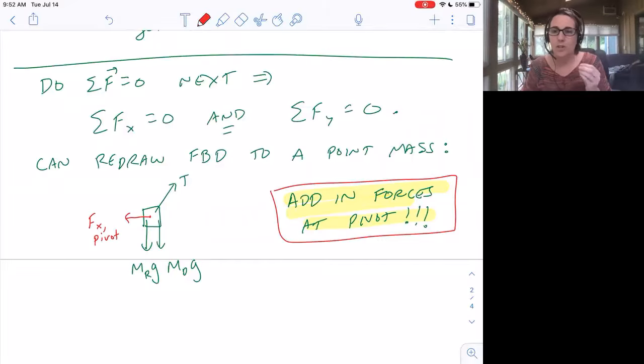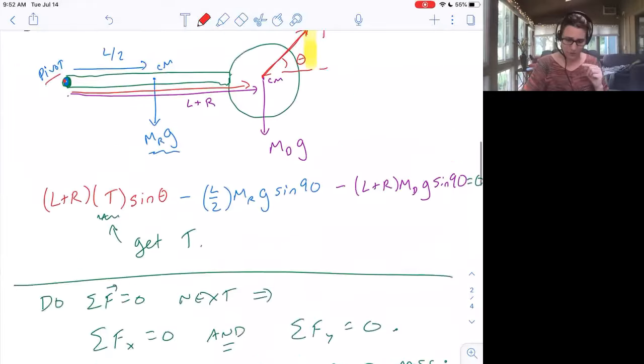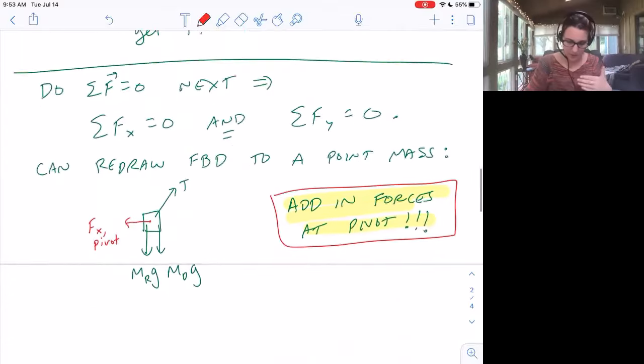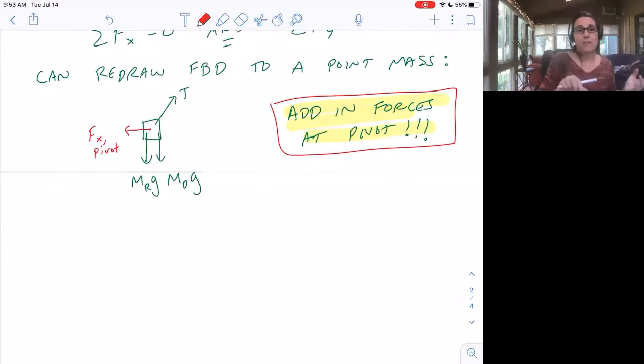The other thing that you can do is conceptualize to get a feel for that. Imagine you're the pivot. If you are literally holding onto this rod that's being pulled, you'd be pulling back on it, right? So you could imagine these pivot forces pretty well by actually holding on, or imagining that you're holding on, at that pivot point. You would then be able to conceptualize these better. So there's definitely a pivot force to the left.